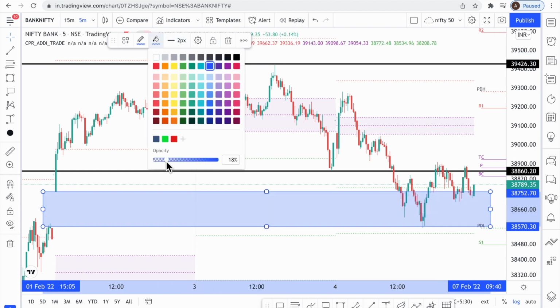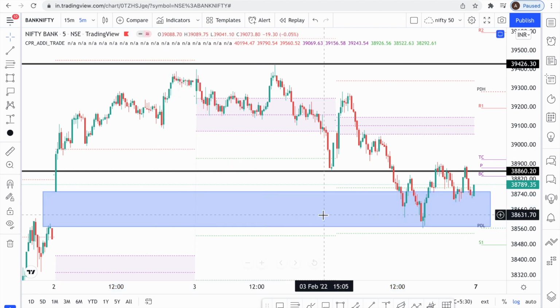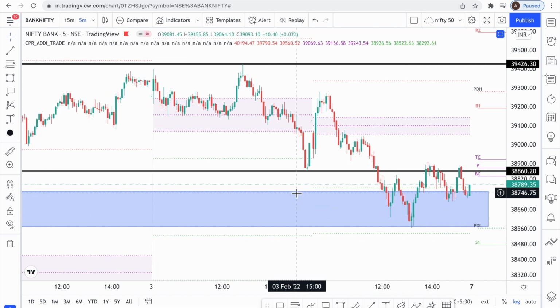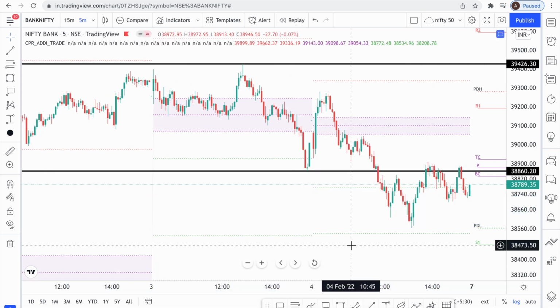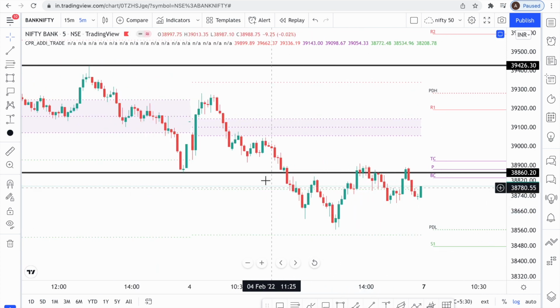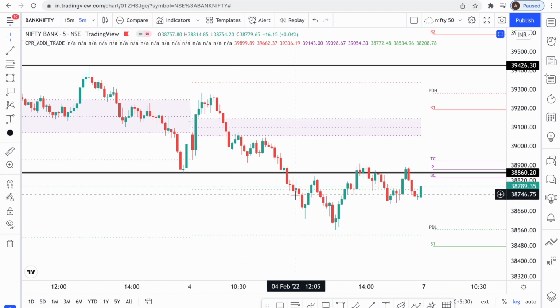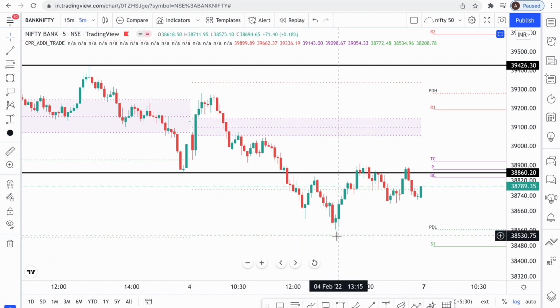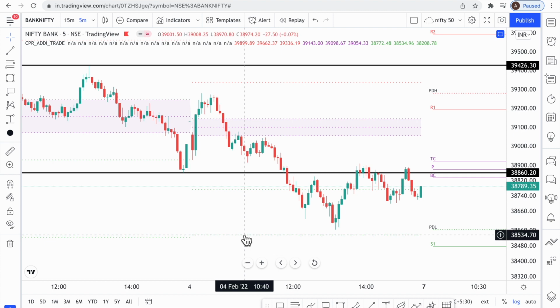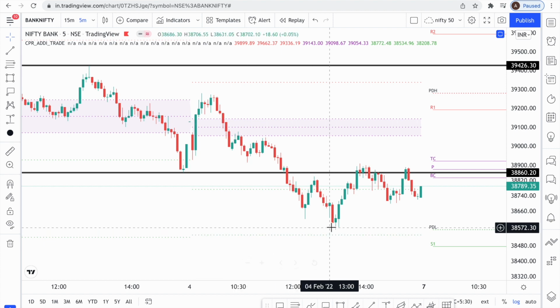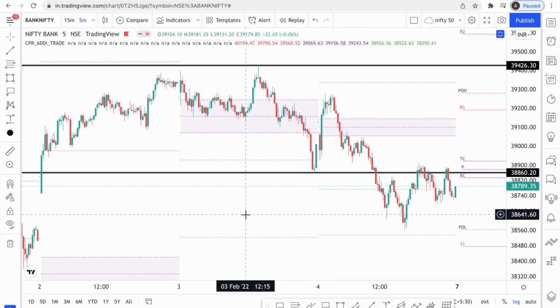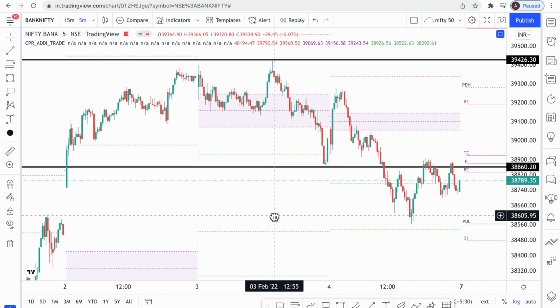If I hadn't marked the gap, I'd not know where to look, I'd simply be waiting until this S2 of the CPR to hit and the market starts reversing, right? So always see the price action.